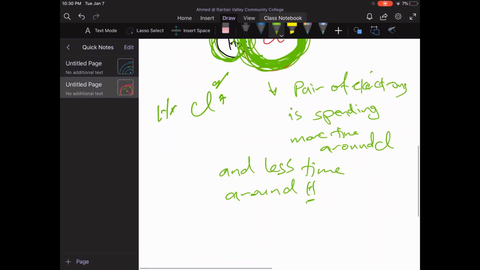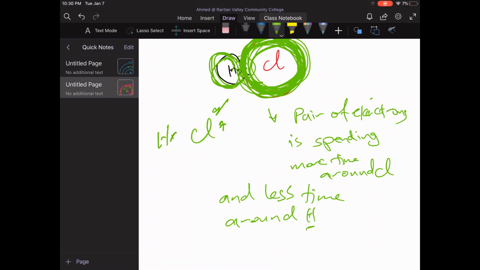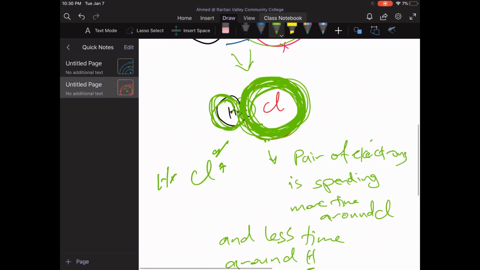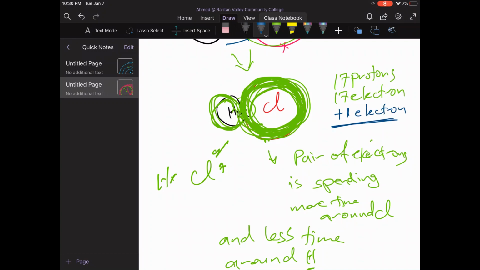Now, because the pair of electrons is spending more time around the chlorine, remember the chlorine has 17 protons and 17 electrons. But now, most of the time, there is an extra electron around the chlorine. For the hydrogen, it was 1 proton, 1 electron. But in this situation, since that electron is spending less time around the hydrogen, it would feel that it lost its electron.